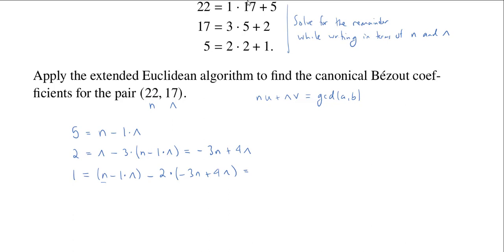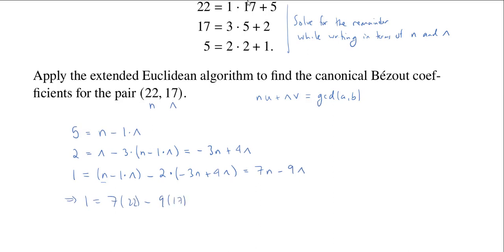So 1 and 6 is 7 n's. And then how many wedges? Let's see, we have minus 1 wedge. Then we have minus 2 times 4 is minus 8. So minus 1 and minus 8 is minus 9 wedges. And so this bottom line tells us that we can write the GCD 1 as 7 times n, which is 22, minus 9 times wedge, which is 17.